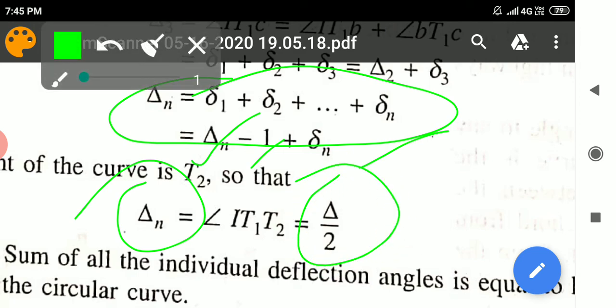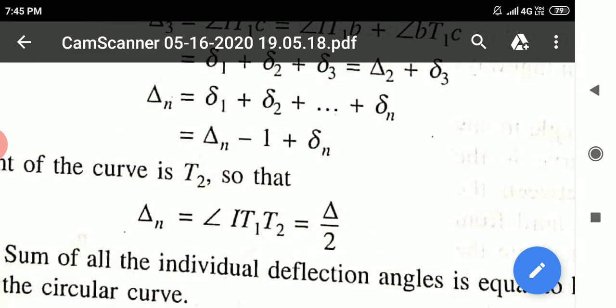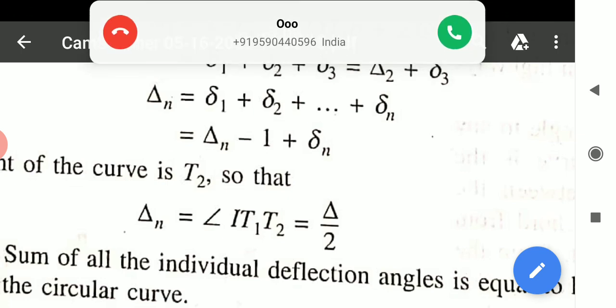That is nothing but the angle of deflection method. Okay, this session is completed. In this session there were three derivations, and only the derivation part is completed. Thank you.